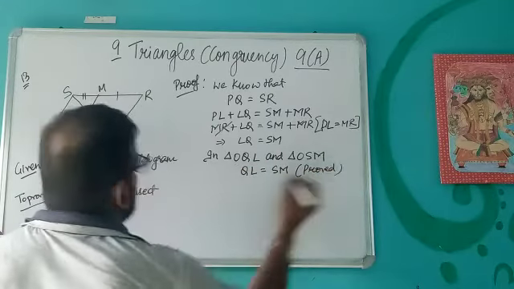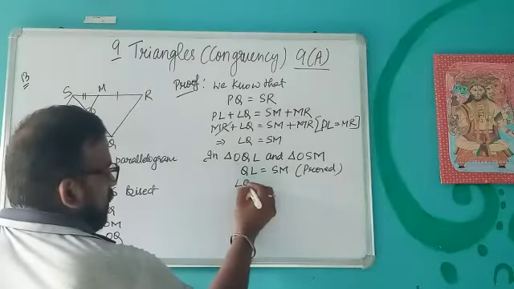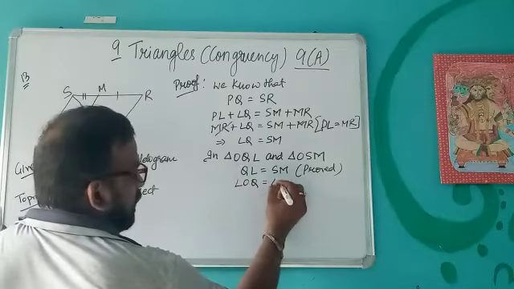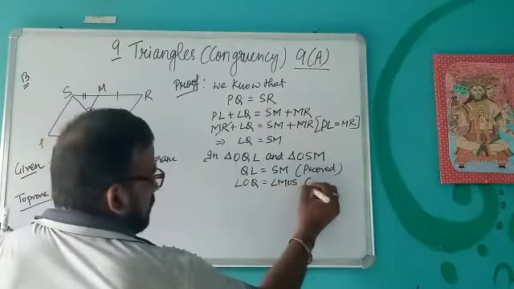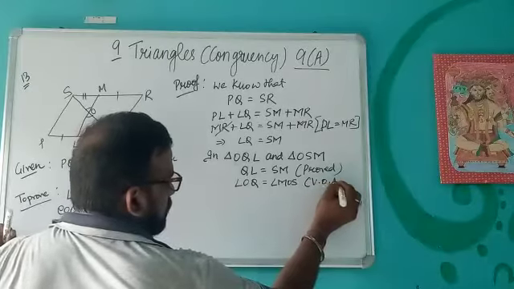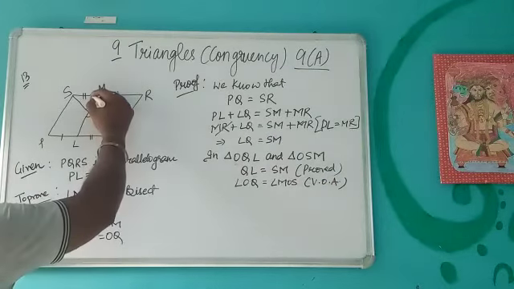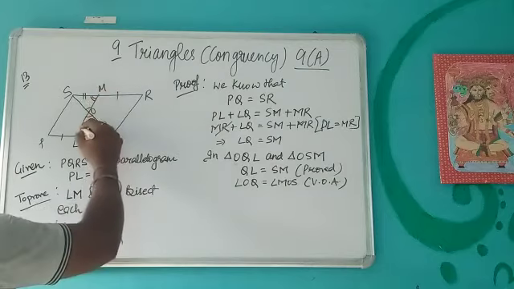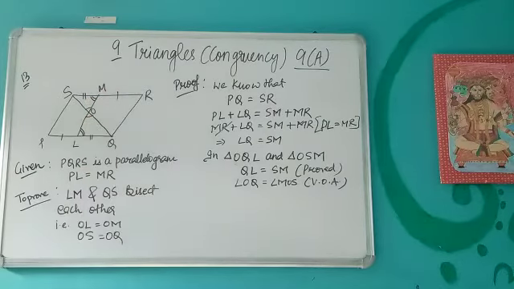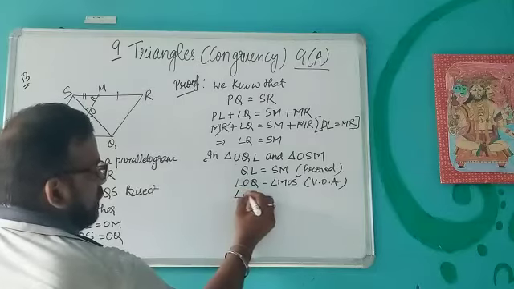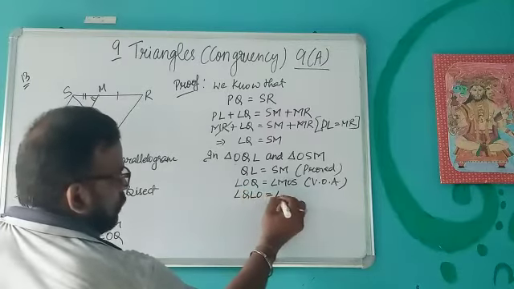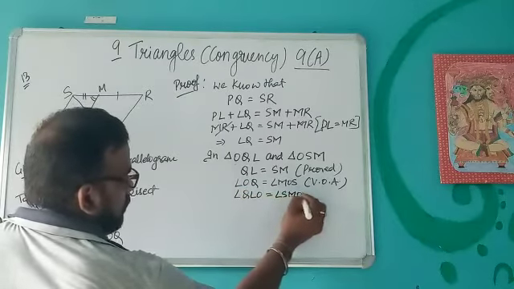Then this angle will be equal to this angle by vertically opposite angles. So we can say angle LOQ is equal to angle MOS by vertically opposite angles. Now you can see this angle will be equal to this angle by alternate interior angles. So we can say that angle QLO is equal to angle SMO by alternate interior angles.